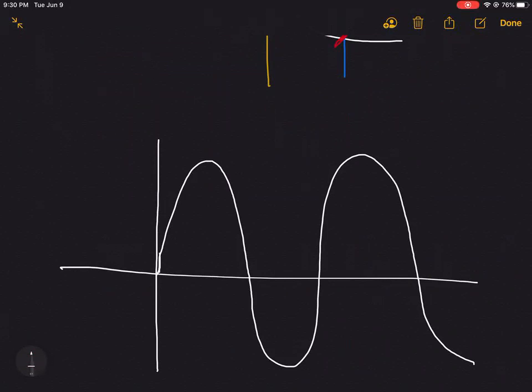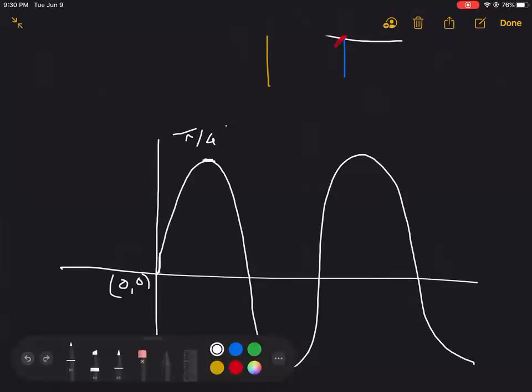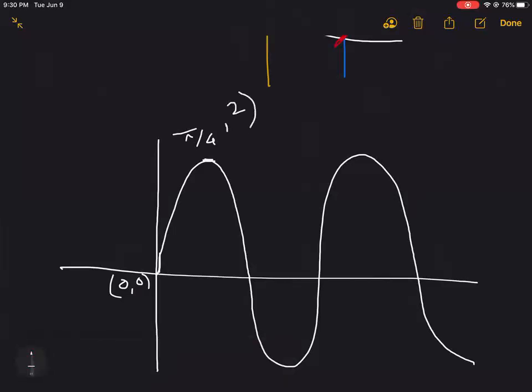Okay, so this point is (0, 0). That point is (pi over 4, 2). Oops, that doesn't look good. So I'll use this. So that's our first point. Okay. That point is (pi over 2, 0).